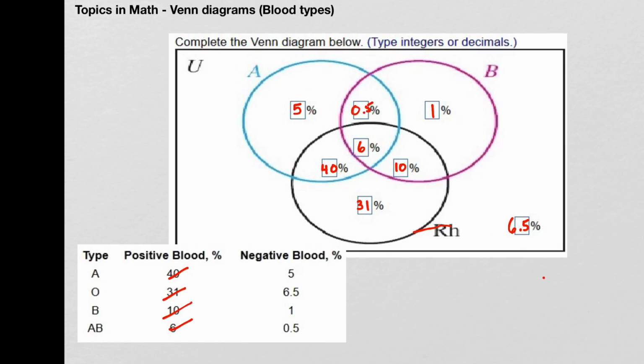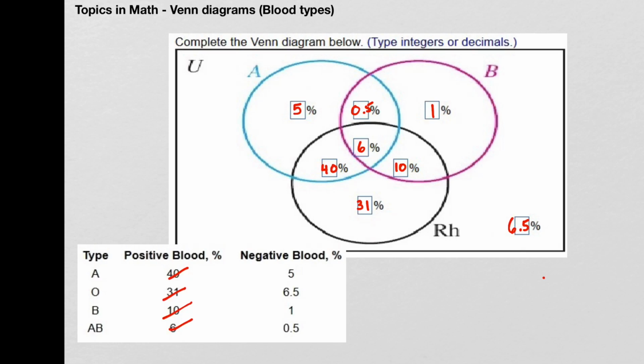So if we look at this chart, we can see that a person with AB negative blood has the rarest blood type. So it would be most unusual to find somebody with AB negative blood. However, if you do have AB negative blood, is that the worst case scenario in terms of if you needed a transfusion?